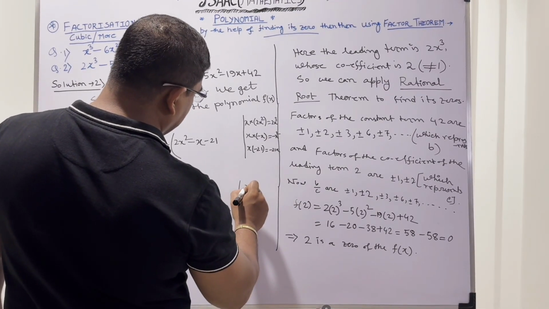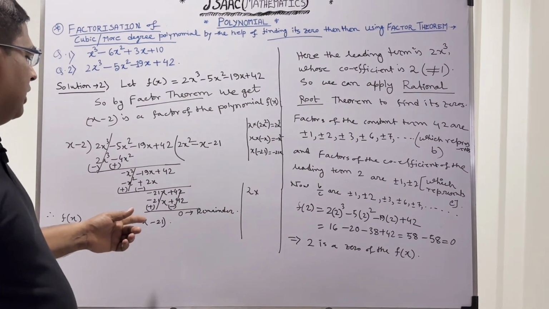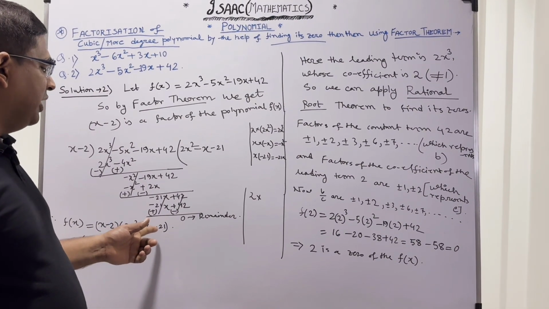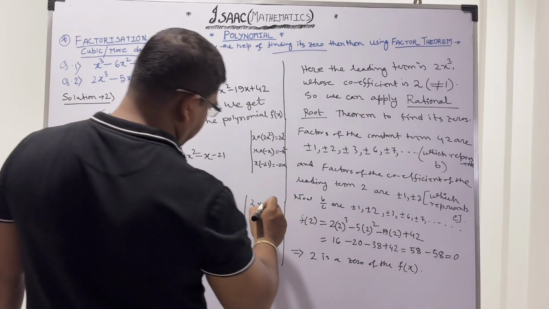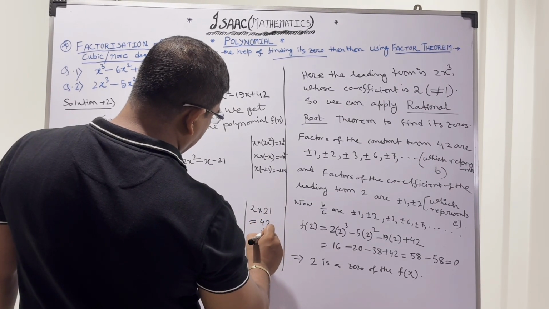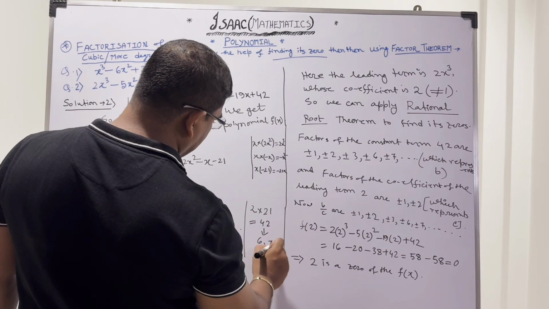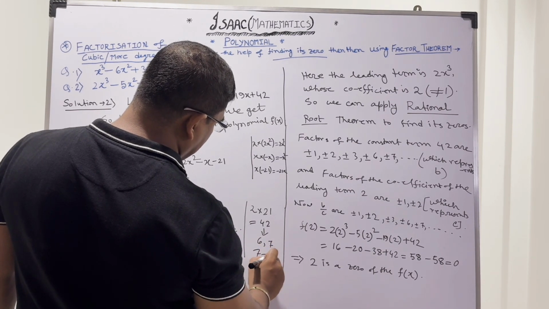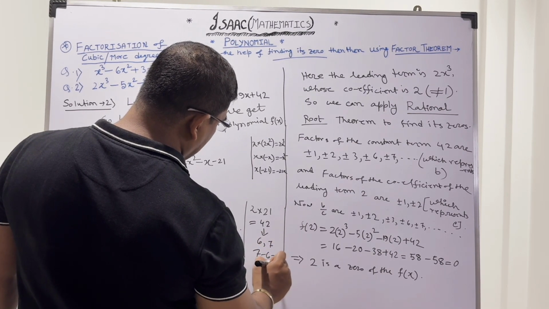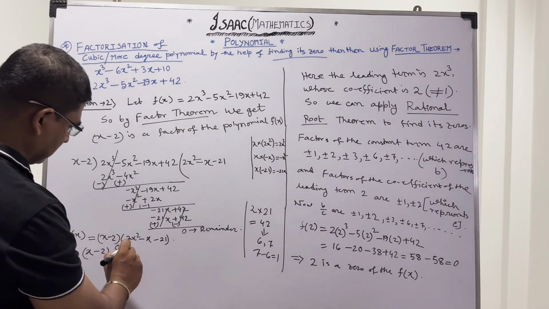The product becomes 42. Its two factors are 6 and 7, because 7 minus 6 will give 1, and we required 1, which is the coefficient of the linear term x.